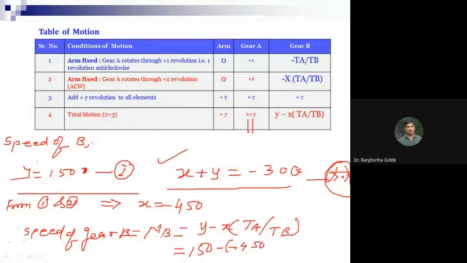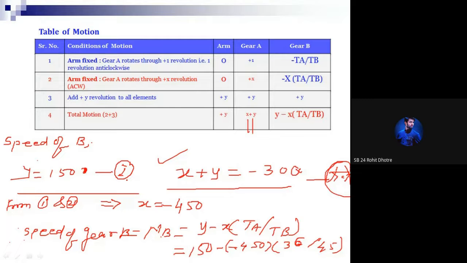This is the value for x, inside the bracket TA, 36 divided by 45. Okay. Now calculate the value for this. Speed of gear B, 510.